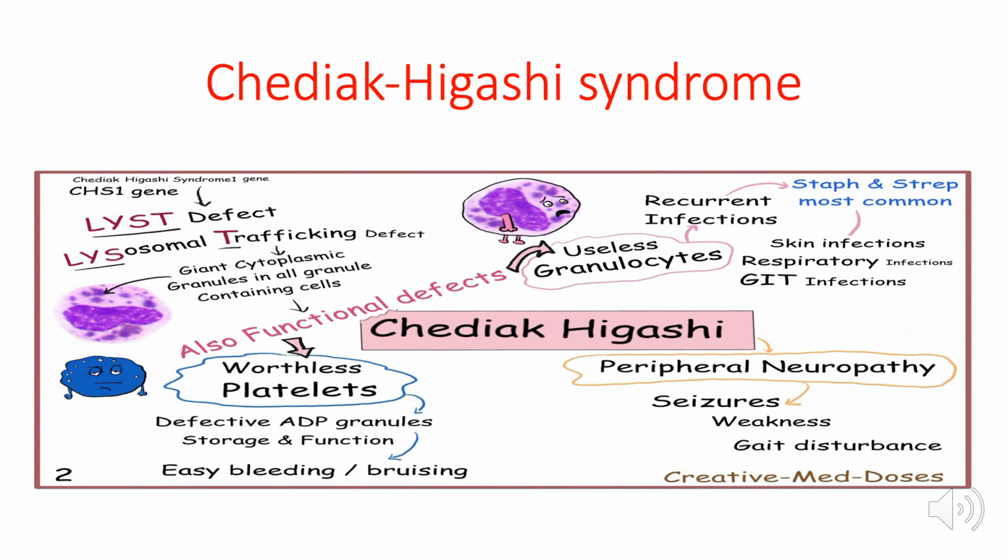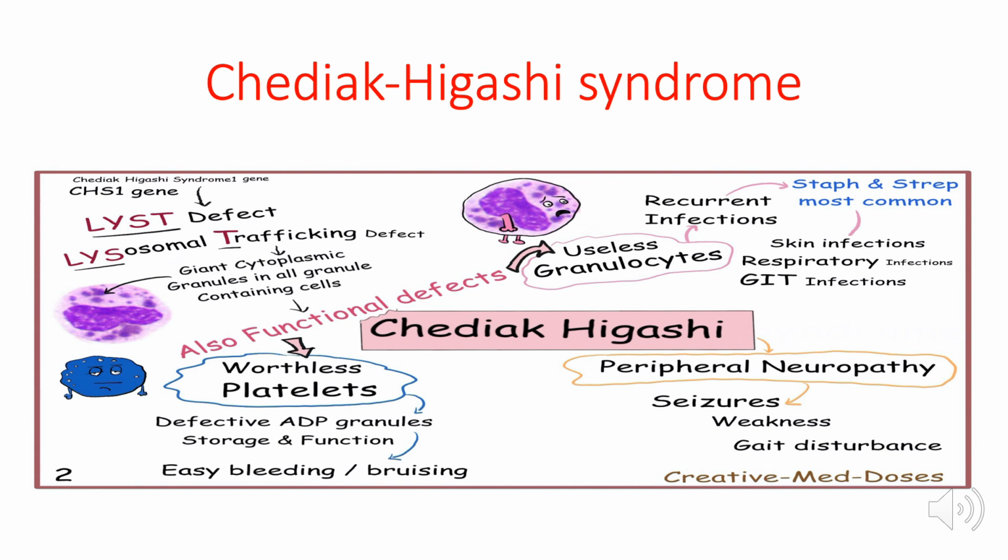This protein is also important in the transport of enzymes towards the early endosome and lysosome, and the fusion of the lysosome to the phagosome to form the phagolysosome. The absence of protein will affect the ability of the phagocyte to digest the engulfed bacteria. Thus, the patient will become immunocompromised.